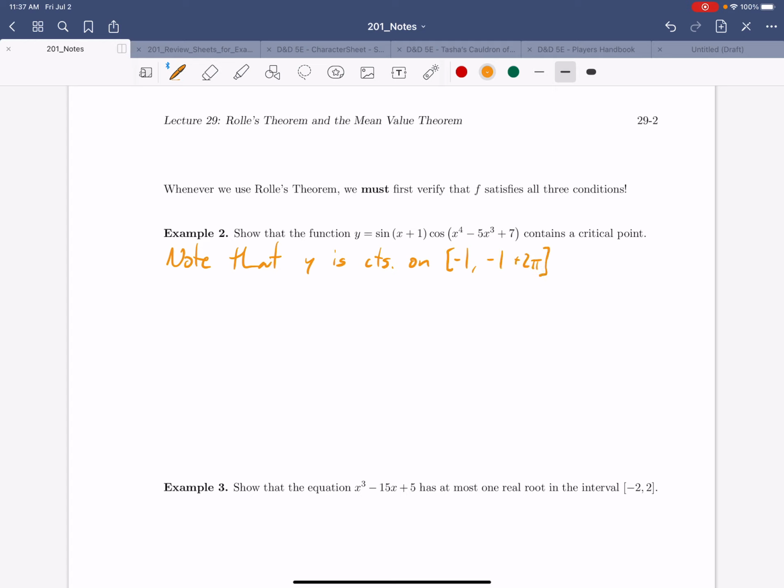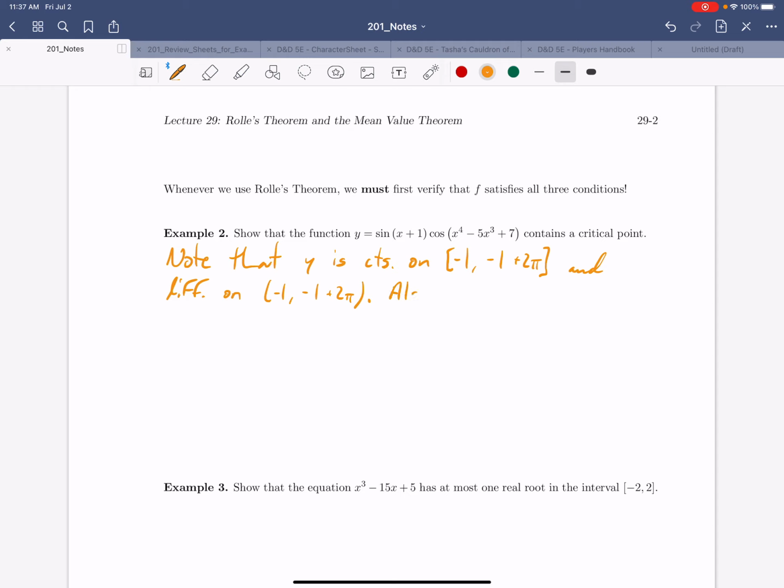Because sine is 2 pi periodic. And it's also differentiable on the open interval from -1 to -1 plus 2 pi, right? This is because sine and cosine are continuous and differentiable everywhere, and you can compose them with continuous and differentiable stuff. We're still good to go. So I'm just choosing these intervals arbitrarily.